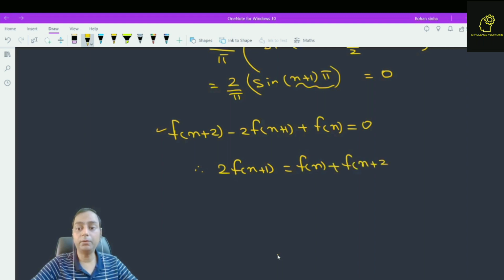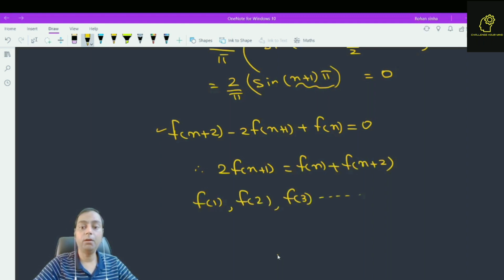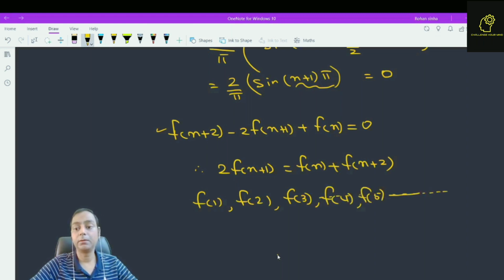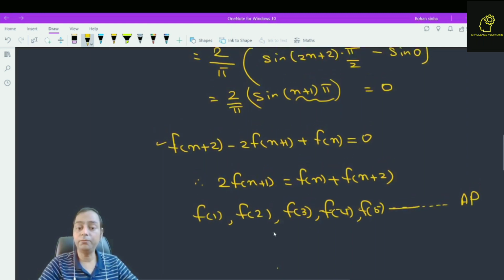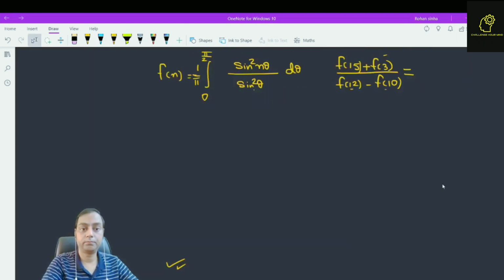So finally we conclude that f1, f2, f3, f4, f5 are all in AP. Once we find f1 and f2, we can calculate all the values like f3 using the method of difference.